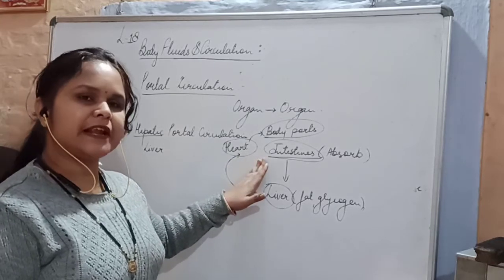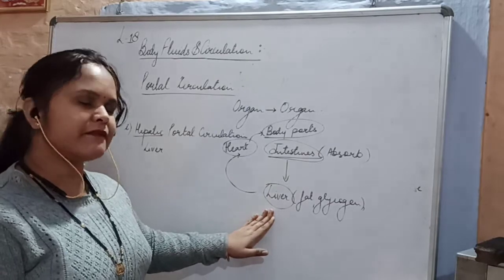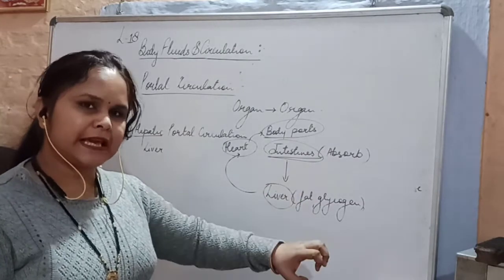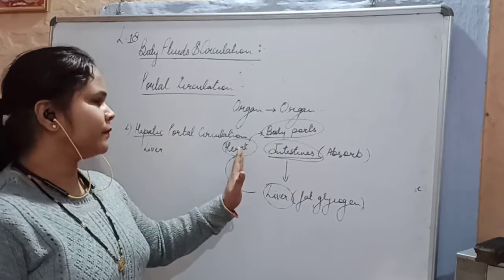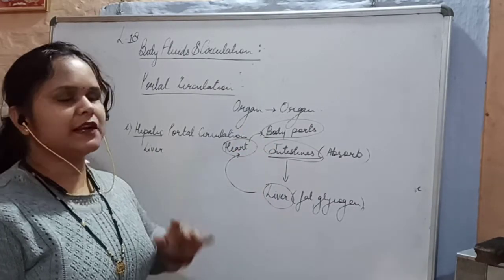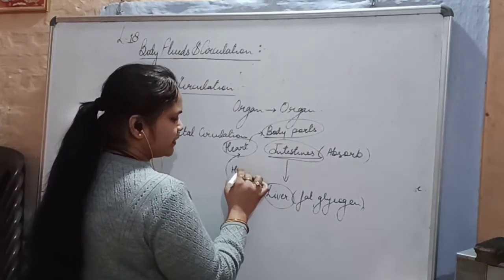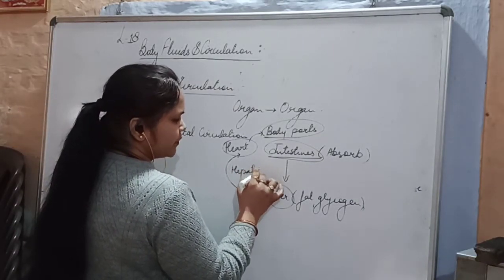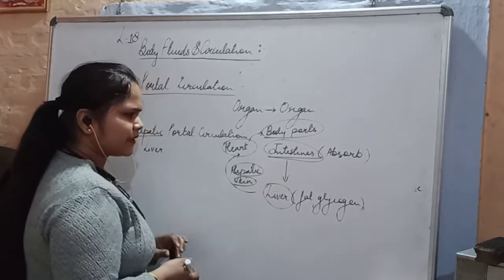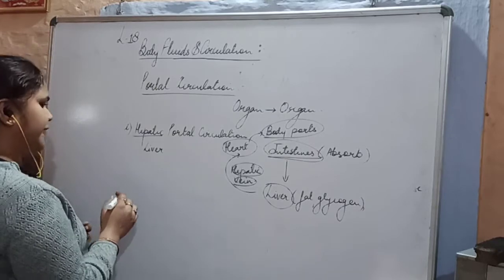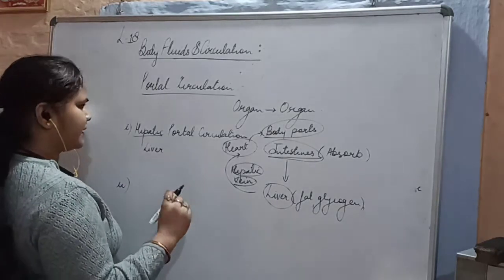The intestine absorbs, and then transfers it to the liver. The liver will absorb it, take it, and the liver will transport the blood to the heart, and then from the heart to all other parts of the body. So the vein which is responsible for this is the hepatic portal vein, which is helping in the hepatic portal circulation. It's very important. As per your NCERT, it's not given, but it is important.